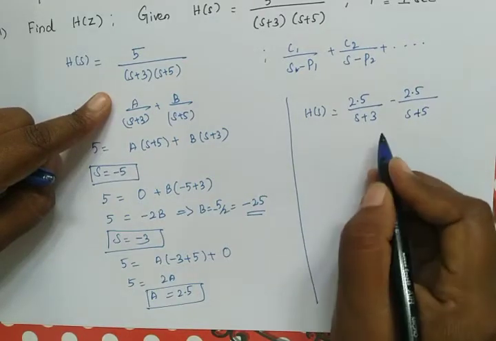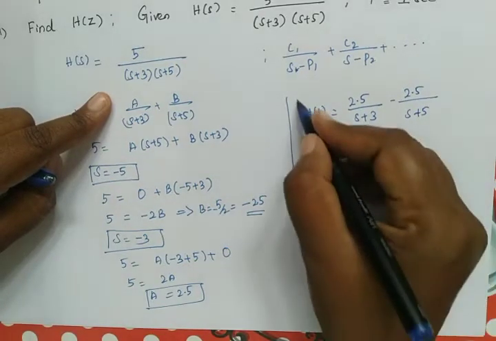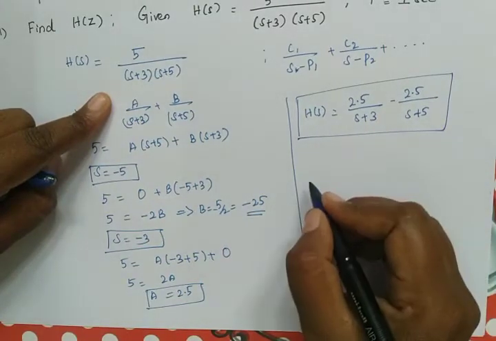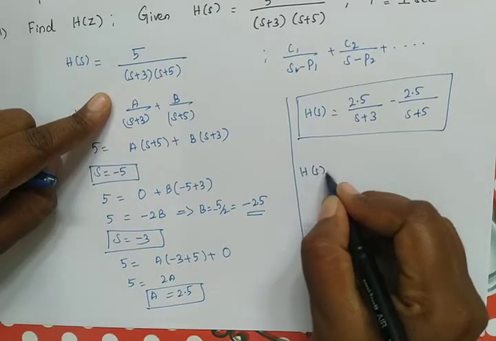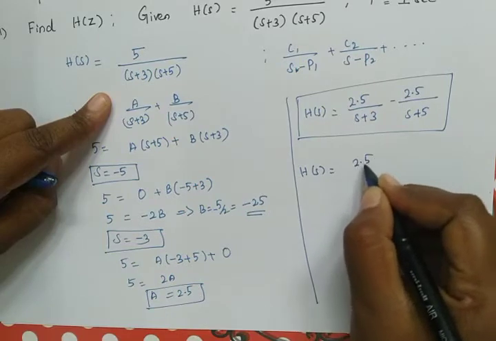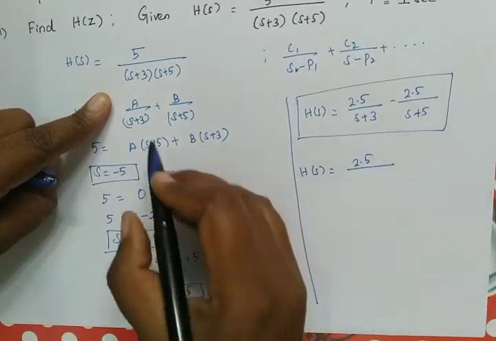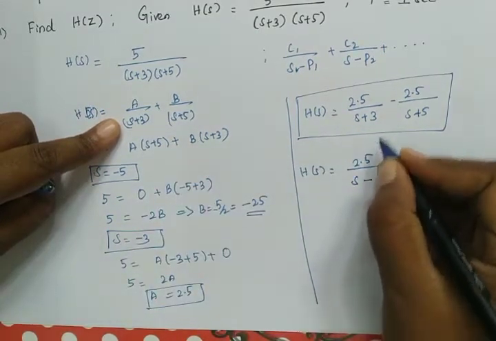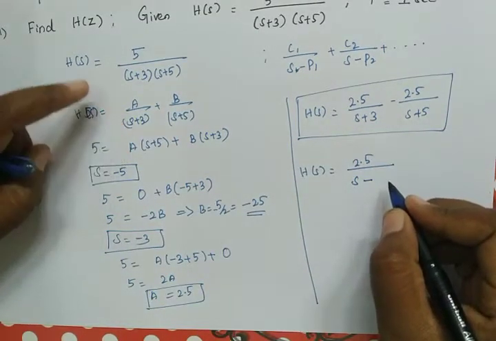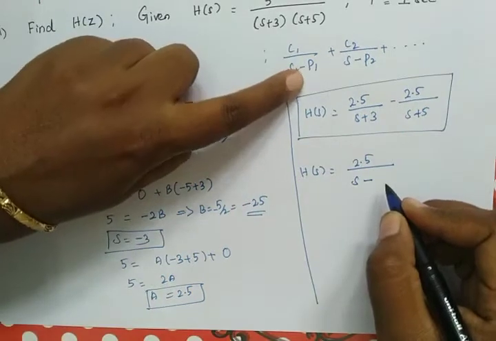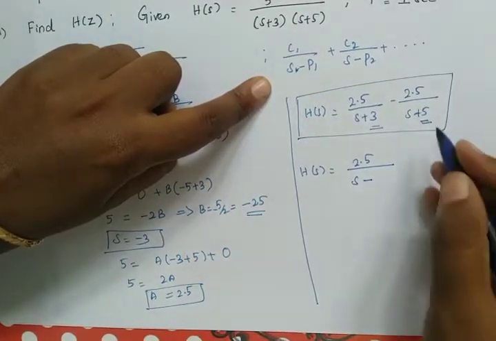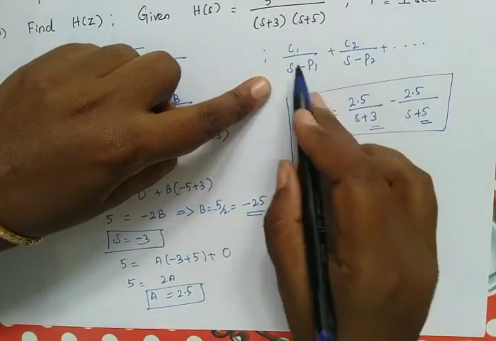So this is our H(s). Now we have to find H(z). H(s) is 2.5 divided by (s minus of minus 3). Here this is p1, this is p2, and so on, we will get p3, p4, p5 and so on. So this is a general expression.